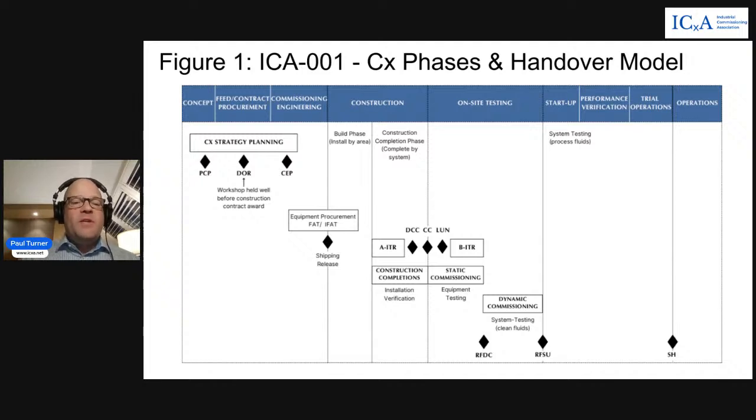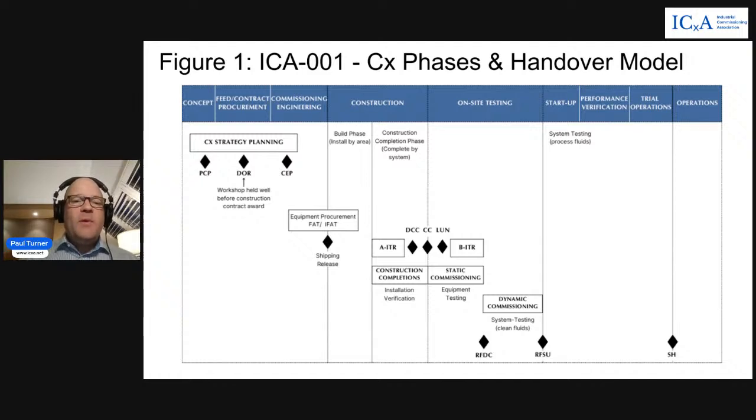This commissioning strategy planning, for our PCP and our DOR, all takes place before our construction contract is even awarded. And these are critical activities to make sure that the right aspects are included in that construction contract so that the commissioning folks get what they need from construction groups at the end of the project, so there's no surprises and everybody has a clear vision of what success looks like during commissioning.